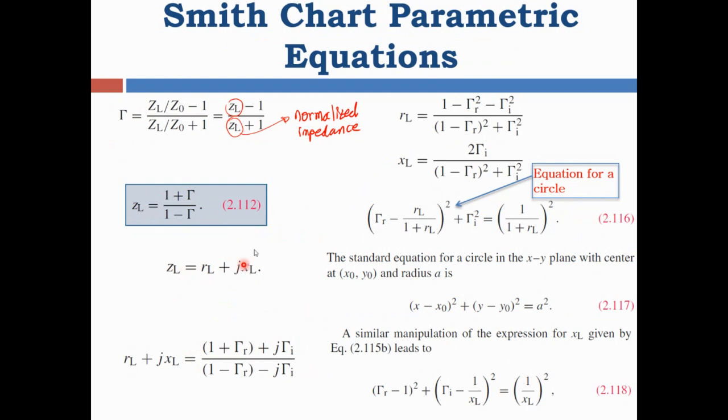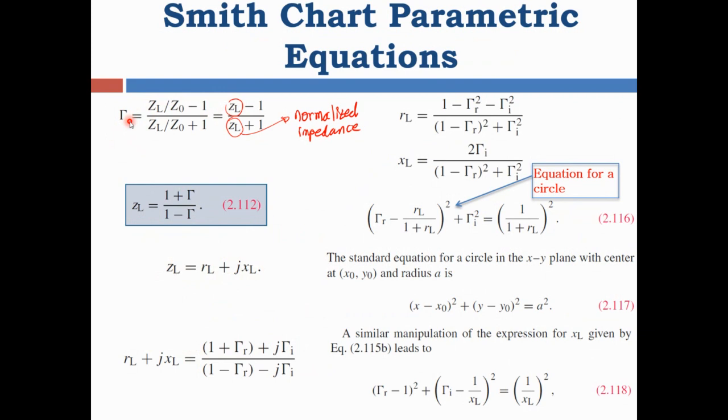If it is real, then you just set the imaginary part equal to 0. But for the sake of completeness, we have to write it down as a complex number, and gamma also has to be written as a complex number, because gamma has to do with z sub L, and if that is complex, then gamma is going to be complex.